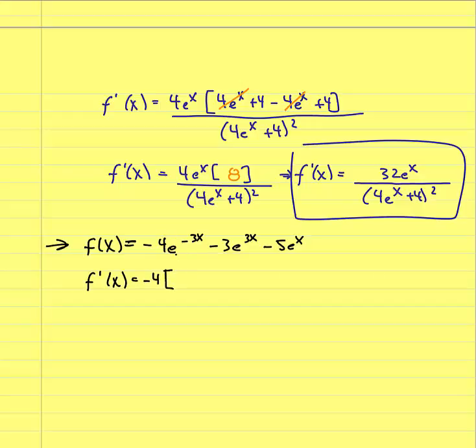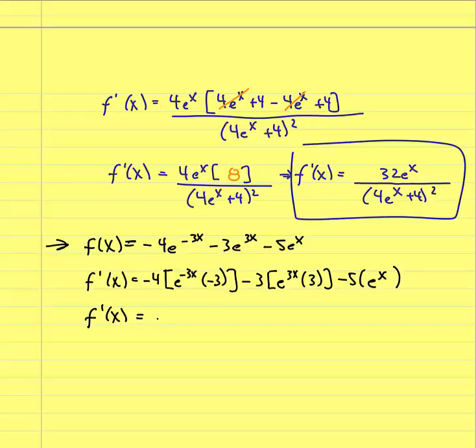The derivative of e to the u is e to the u times the derivative of u, which in this case is the derivative of negative 3x. Okay, the derivative of e to the 3x is e to the 3x times the derivative of 3x. And the derivative of e to the x is e to the x times the derivative of x, which is just 1.